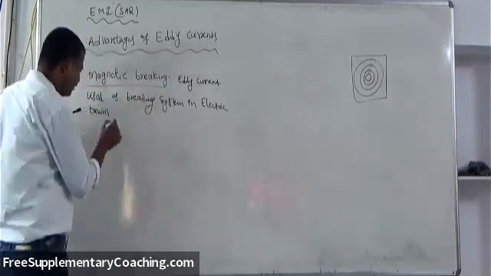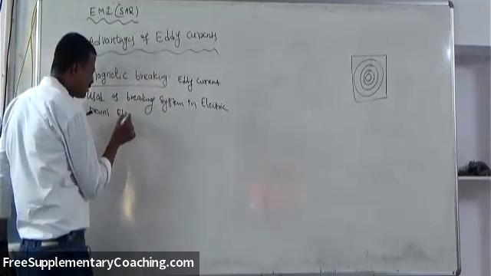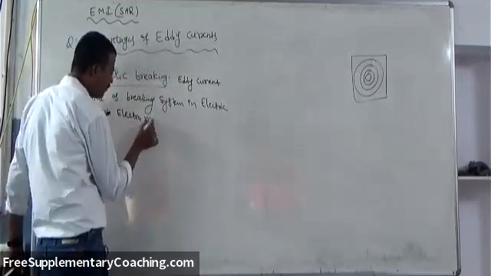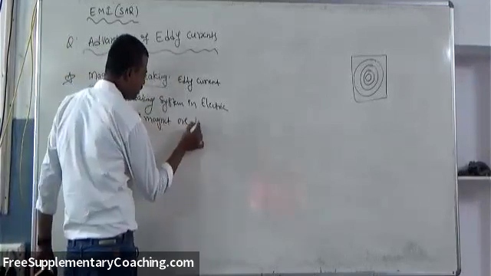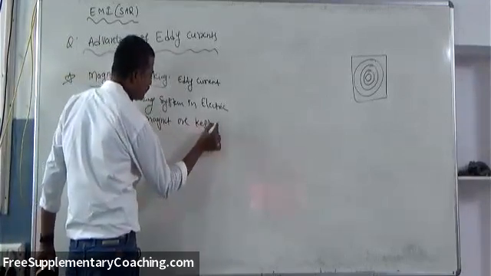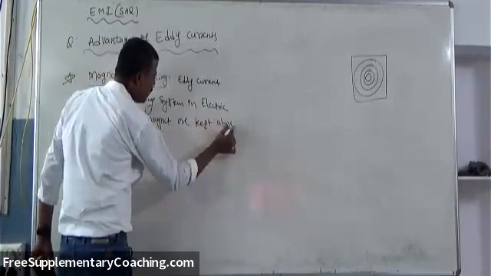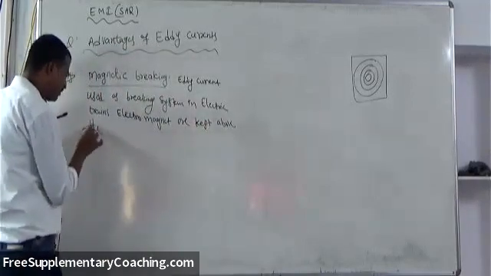What is that? Electromagnets are kept above the rails.